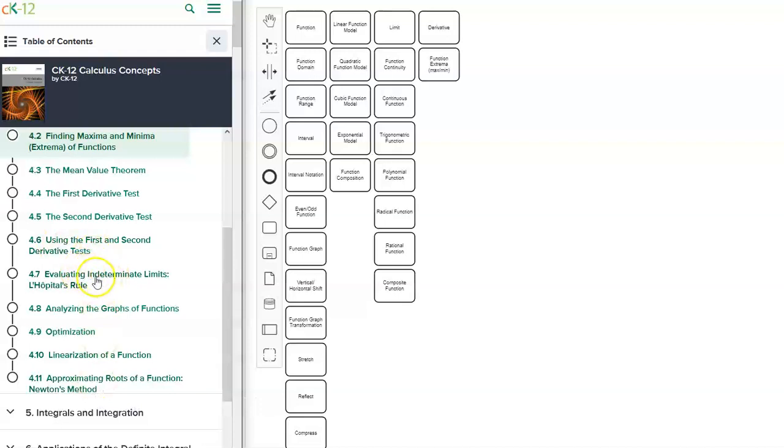And there's something called an indeterminate limit, L'Hopital's rule, function graphs, linearization of a function. Okay, so let's get started here. So we have the mean value theorem.